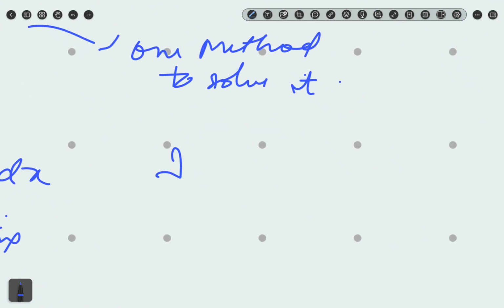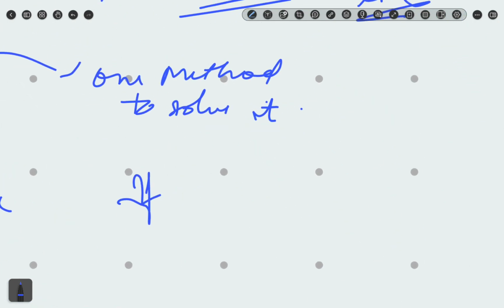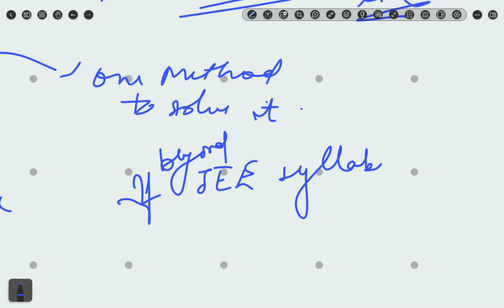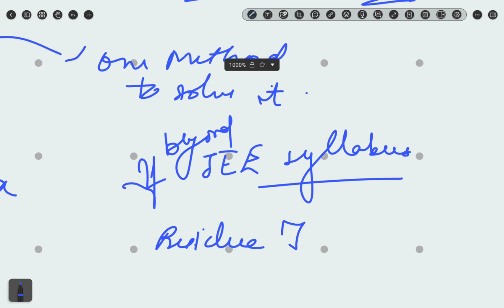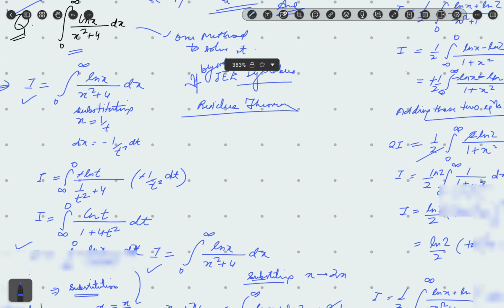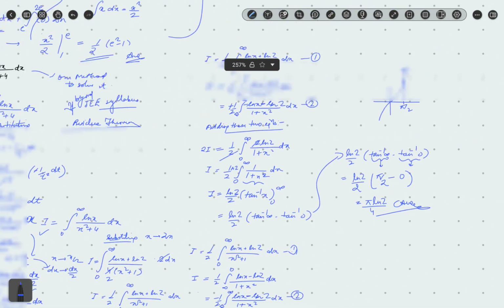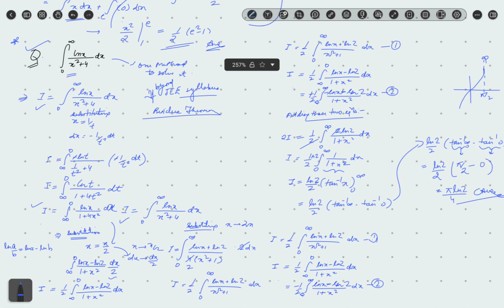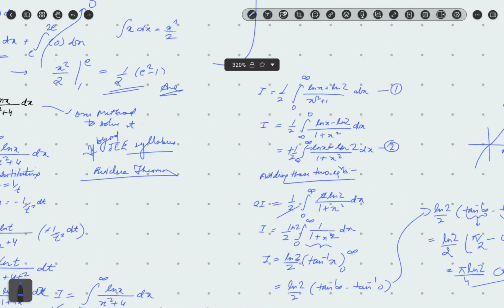If you want another method to solve it using things that are beyond the JEE syllabus, but just for fun, then you can search residue theorem, and you can study that method. Residue theorem can also be applied in this question, right.